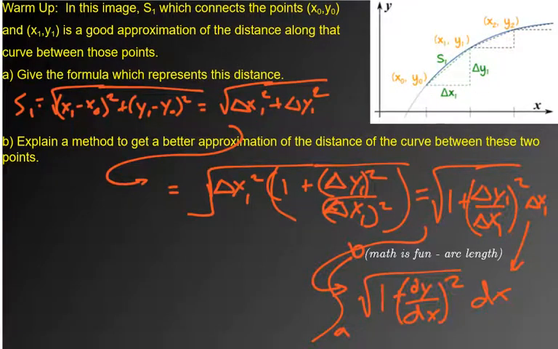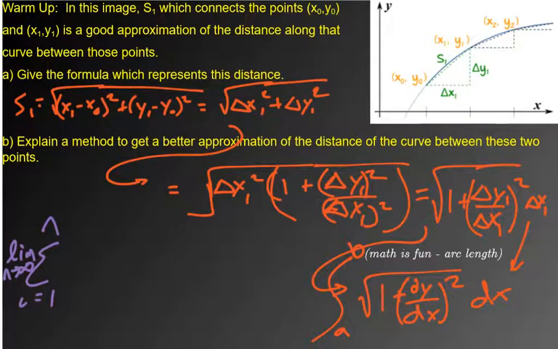You do a sum from i equals 1 to n, and you take the limit as n goes to infinity, meaning you're splitting this up into infinitely small little hypotenuses of this triangle.